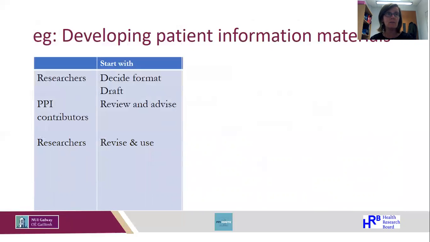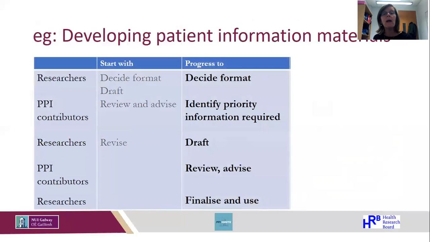It's A4, it's got 3 or 4 pages, and maybe decide we'll have an ad that we'll put in the local hospital foyer, and they will draft the content. Then present it to PPI contributors and ask them to review it and advise on changes. The researchers go off, decide what they'll take on board, finalise the information sheet and use it. So that's a little bit of involvement, better than no involvement.